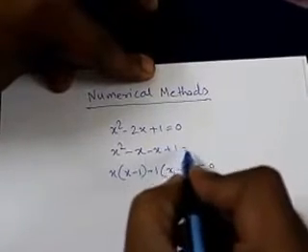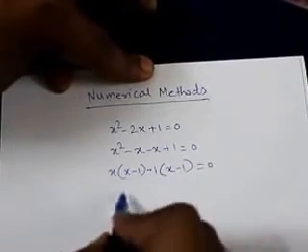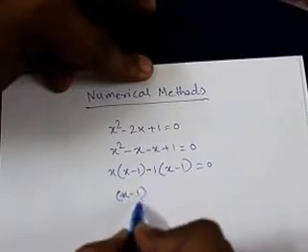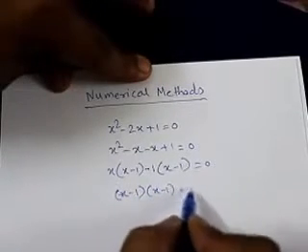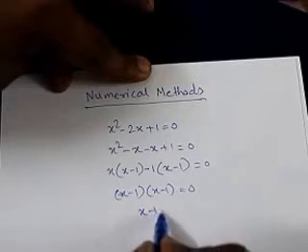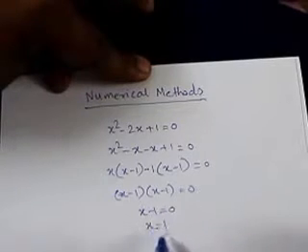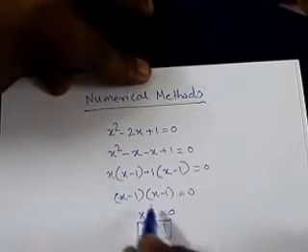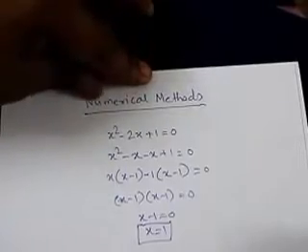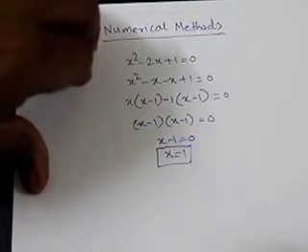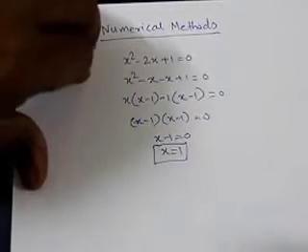This is equal to 0. So x minus 1 into x minus 1 is equal to 0. x minus 1 is equal to 0, which means that x is equal to 1. Very easy kind of solution, right? This is a quadratic equation, so this can be easily solved using the analytical methods.